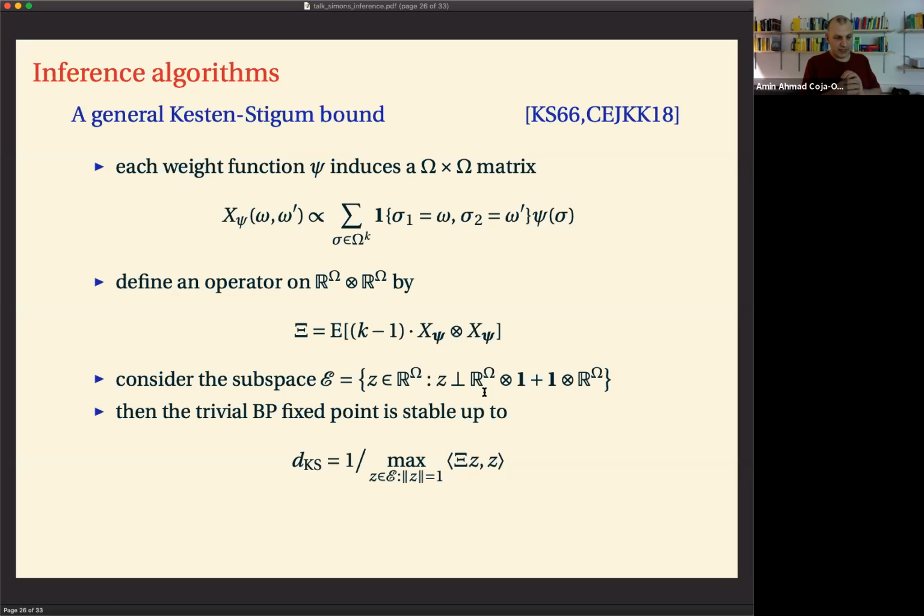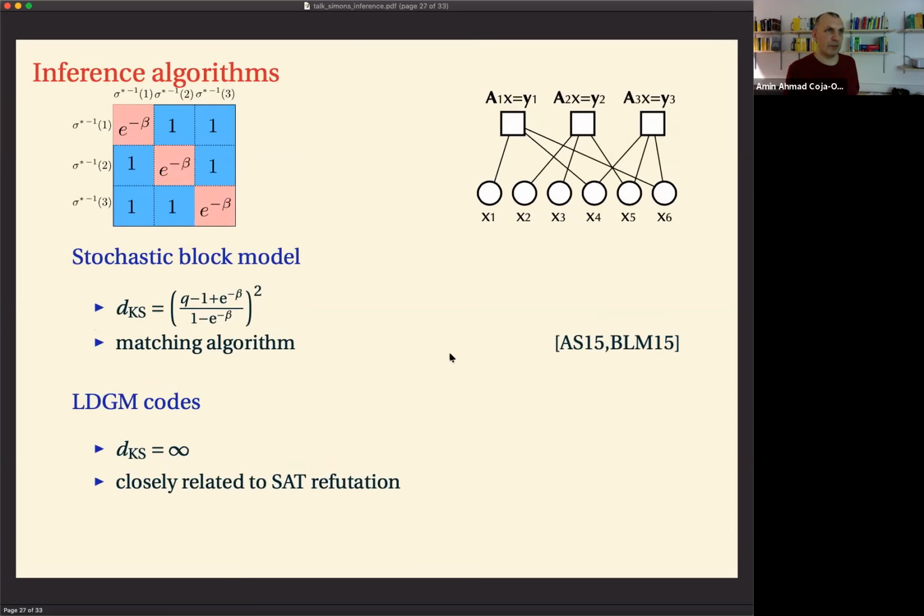So this would be precisely the point where the trivial belief propagation solution becomes unstable. So it would be tempting to conjecture that this is somehow related to the performance of belief propagation as an inference algorithm.